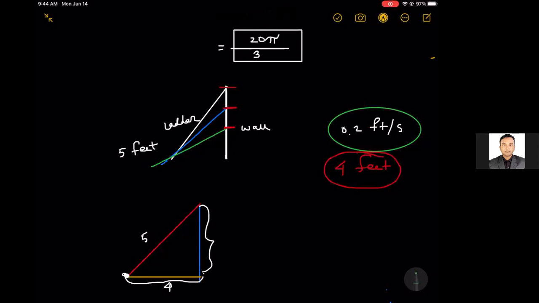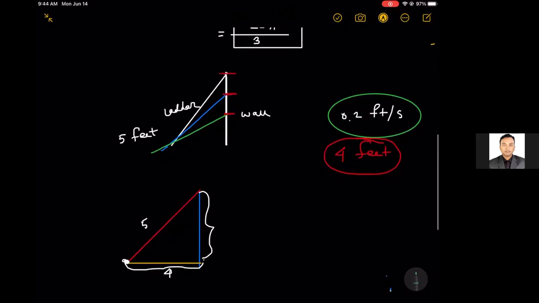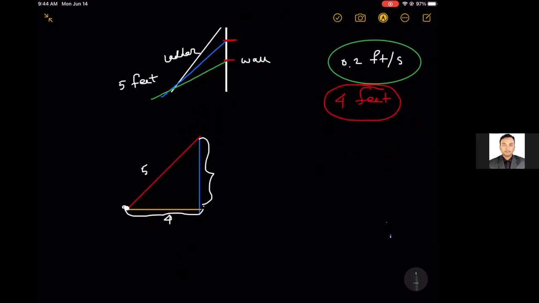I'm confused about what you're trying to point out here. Why would it turn upside down? That's the first question. Do you mean like this? If that's the wall, do you mean if the ladder is leaning like this?